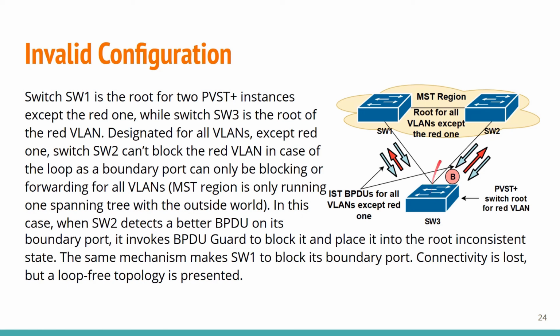SW2 is designated for all VLANs except the red one, and cannot block the red VLAN in case of a loop, as a boundary port can only be blocking or forwarding for all VLANs. The MST region is only running one spanning tree with the outside world. In this case, when SW2 detects a better BPDU on its boundary port, it invokes BPDU guard to block it and place it into the root inconsistent state. The same mechanism makes the SW1 switch block its boundary port. Connectivity is lost, but a loop-free topology is preserved.